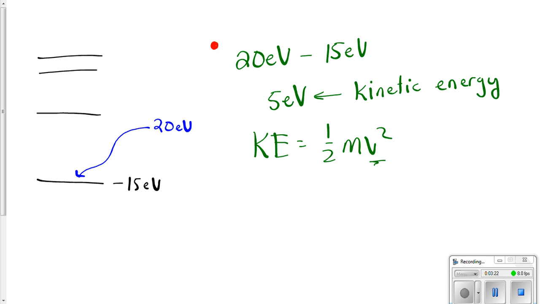That electron will leave with 5 electron volts of energy, and then we can use that to solve for velocity. What will we have to do with this 5 electron volts before it goes into there? We need to convert to joules first. So convert the 5 electron volts to joules, and then move on with our old kinematics equations.